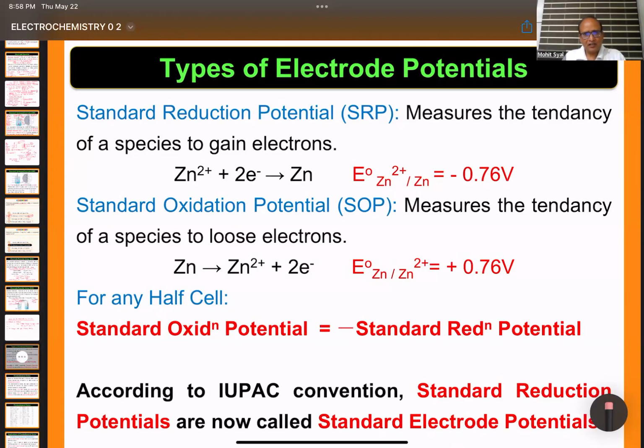We can get the electrode potentials by connecting the various reactions with the standard hydrogen electrode. That's how you get the standard electrode potentials. If we dive deeper, we have two types of electrode potentials for each and every electrode.